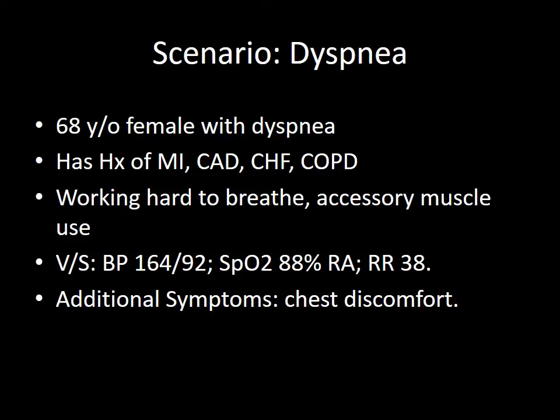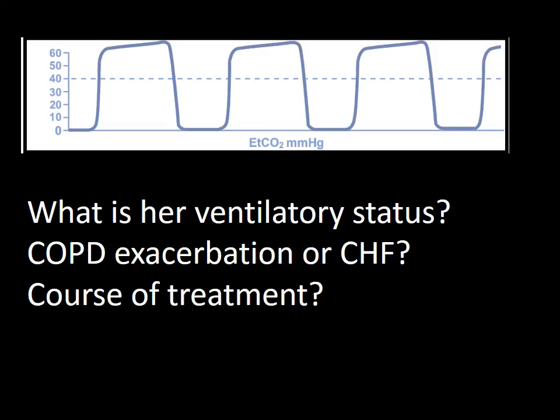The problem is, why is she not ventilating? Is this a COPD exacerbation with bronchospasms, and she's having a hard time breathing that way, or is she having some CHF issues where she's got some congestion, she's got some fluid buildup, and honestly, sometimes it's very hard to hear that difference with the stethoscope. So you put her on capnography, and this is what you see.